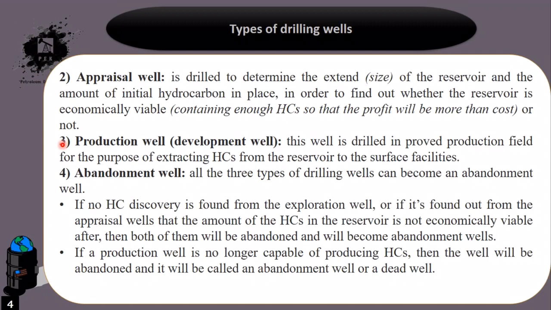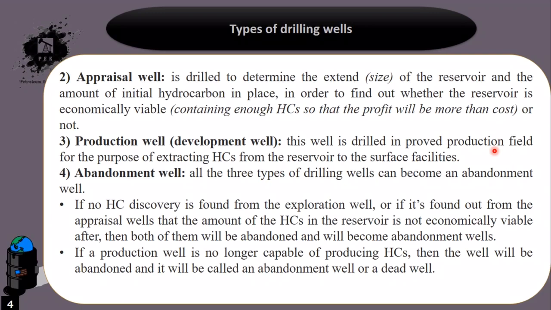This well is drilled in a proved production field for the purpose of extracting hydrocarbons from the reservoir to the surface facilities. Here I just wanted to point out that a proved production field means an area or a field that all the necessary information are available about.